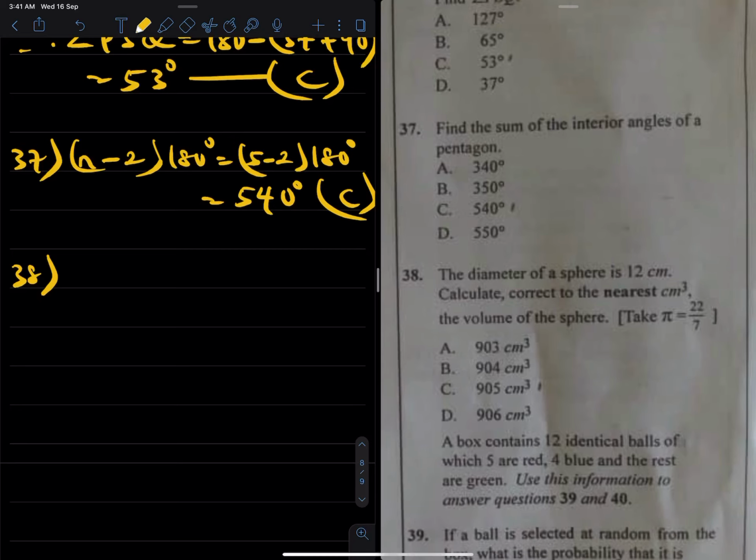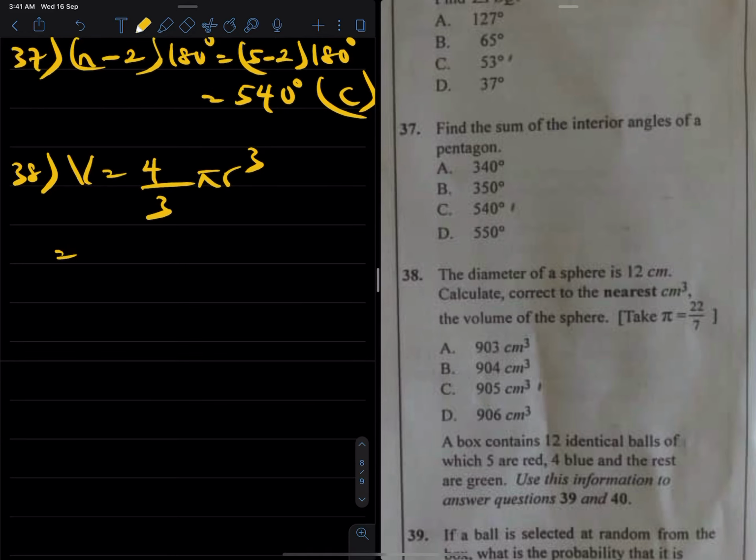The diameter of a sphere is 12 centimeters. Calculate, correct to the nearest centimeter cubed, the volume of the sphere. Take pi equals 22 over 7. The volume of a sphere is given by 4 over 3 pi r cubed.